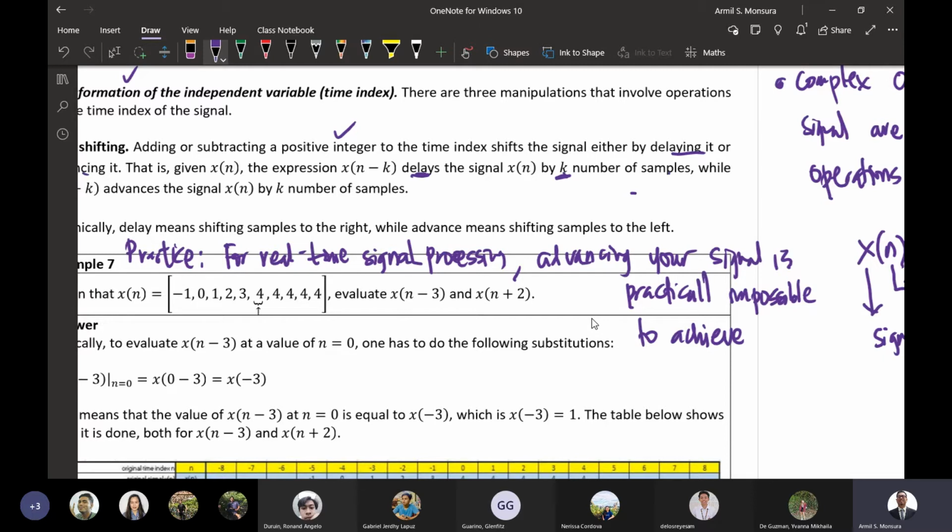So that's essentially the operation ng signal shifting. Ang signal shifting actually involves storing your signal in a memory storage, tapos you pull the signal value when it is needed. So pag i-implement nyo ang signal shifting, kailangan nyo ng memory storage. Naintindihan ba yun?